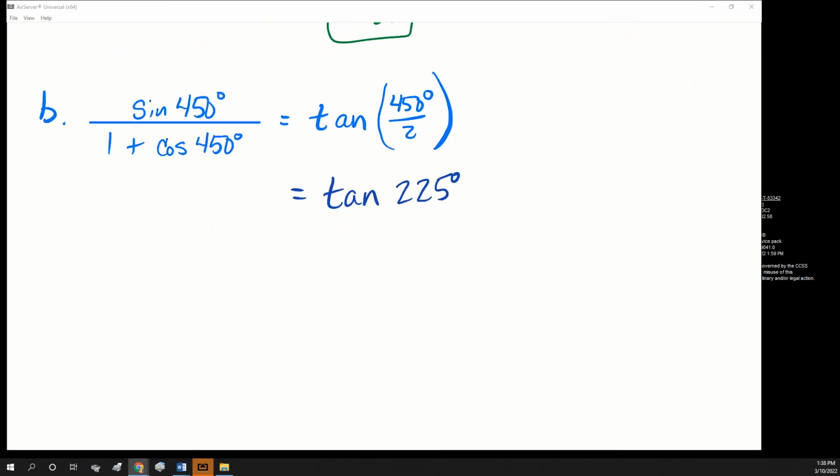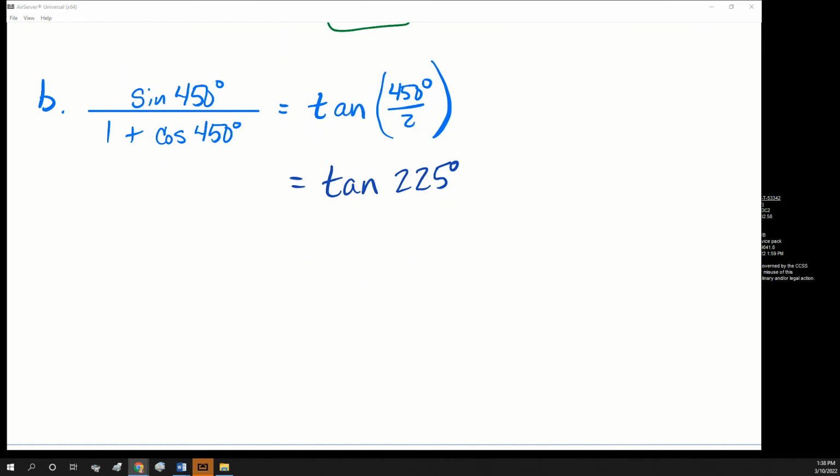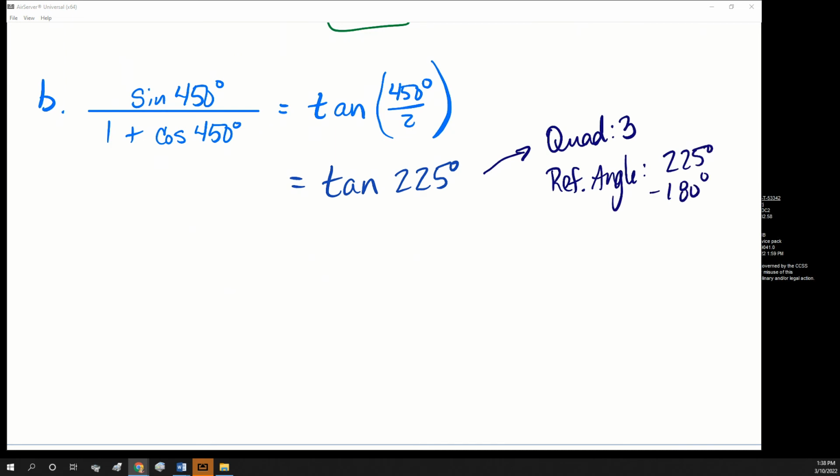Okay, so we're going to go through the same process. We're going to figure out what quadrant we're in, and then figure out the reference angle. So in quadrant 3, to find the reference angle, you take the angle and you subtract 180 degrees from it.